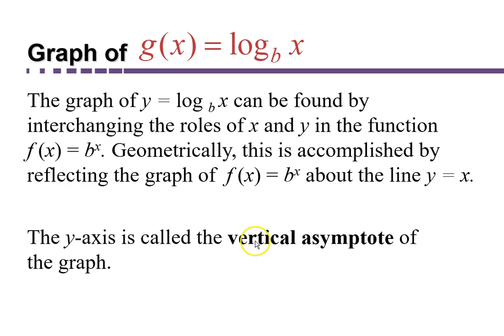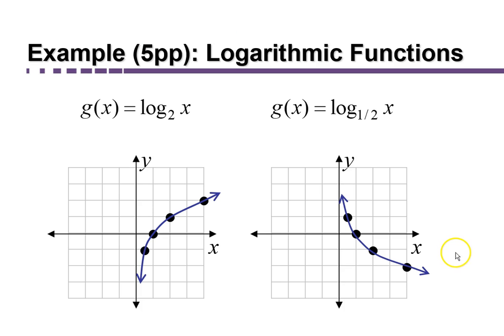We're going to introduce what is called the vertical asymptote in just a moment. Right now, what I'm going to put on here is what we had before, and just sketch it in so you have a rough idea of it. I'm going to make a little finer point here too. So if we had f of x equals 2 to the x power, our graph looked like this.